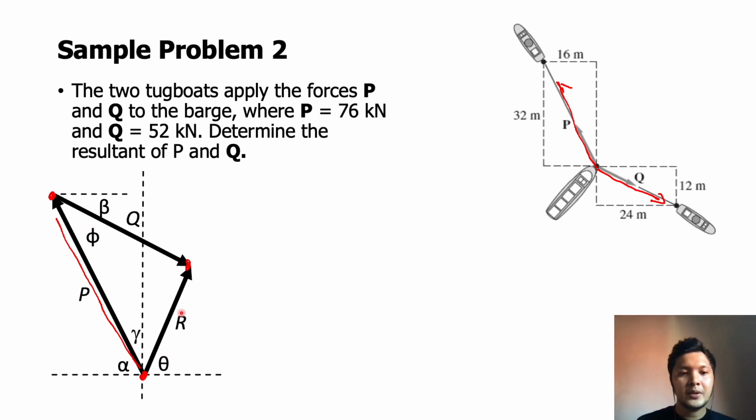Then the angle between R and the positive x direction is theta. This is alpha, and then the angle between these two is gamma, and the angle between Q and the horizontal is B, or beta.